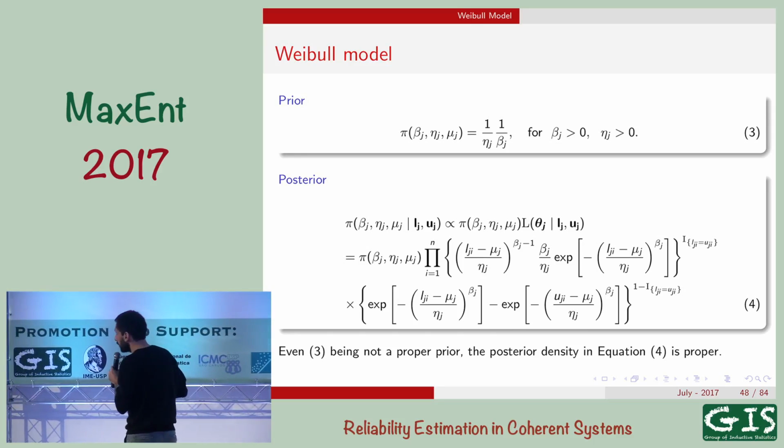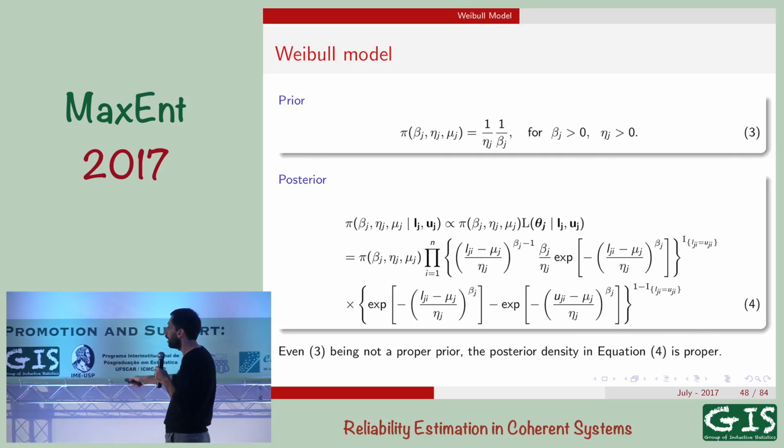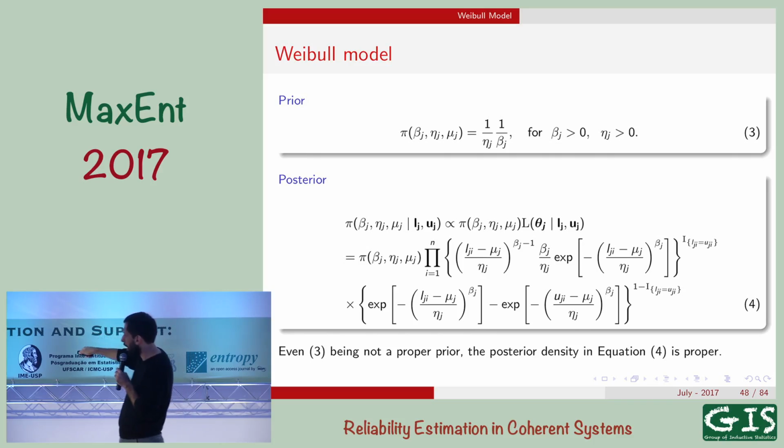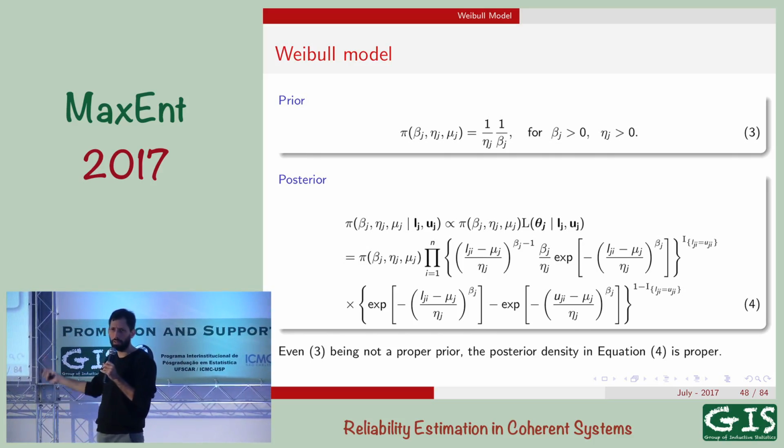Okay. So here is the estimation process. We have a posterior like this. Of course, we can change the prior here for any one that we want, but it doesn't matter which one we use here. We will not have a closed, analytical solution for the posterior, at least not inside this model.